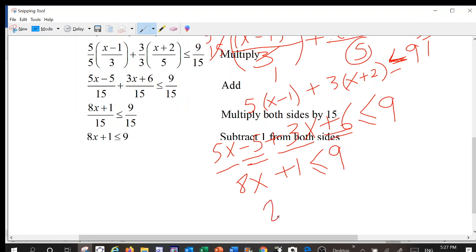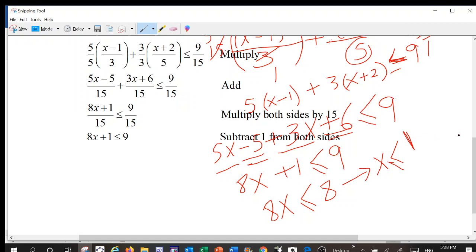And then so 8x is less than or equal to, what's 9 minus 1? 8. So from here, x is less than or equal to 8 over 8, which is 1, right?